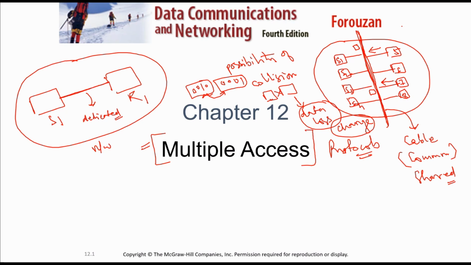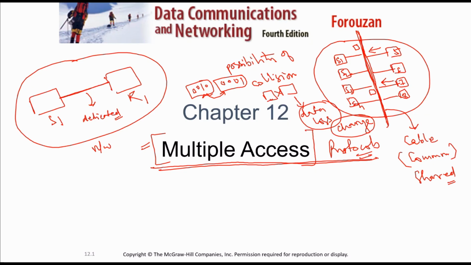To avoid these cases, a set of rules is defined that identifies when a particular station needs to send data and when another station can send and receive it. That set of rules is considered the multiple access protocol.